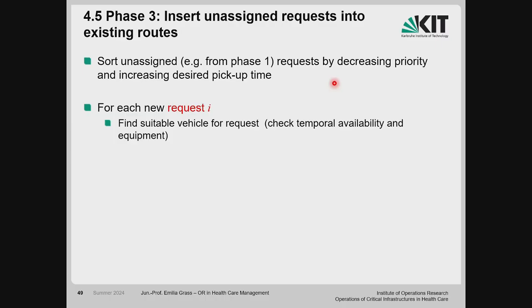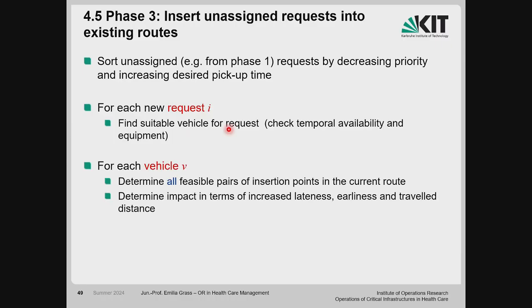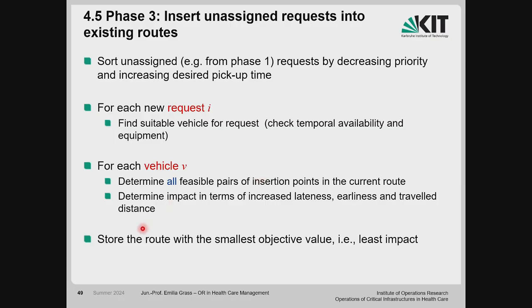And then for each new request, find a suitable vehicle. Check again temporal availability and equipment, and for each vehicle, we determine all feasible pairs of insertion points in the current route. Then we determine the impact: how bad is it to insert this new request into our route? Then store the route with the smallest damage, the least impact.